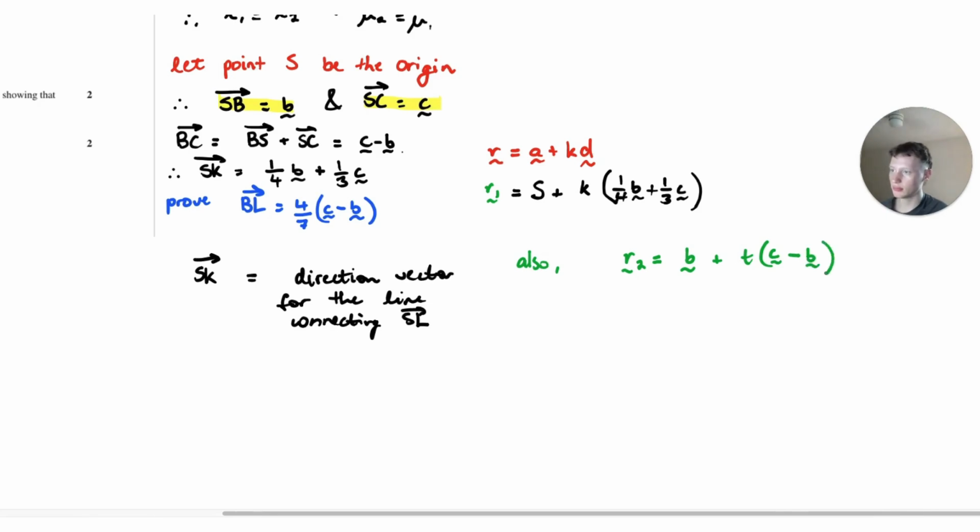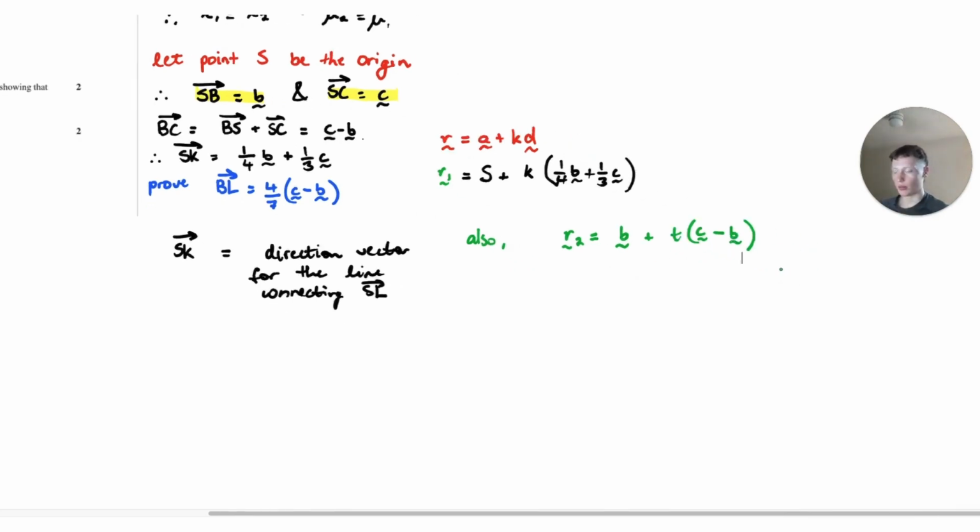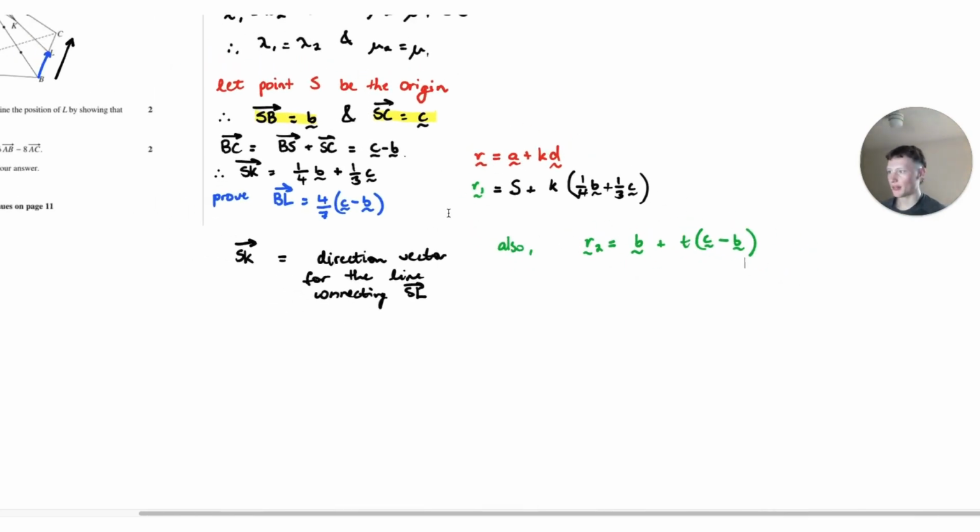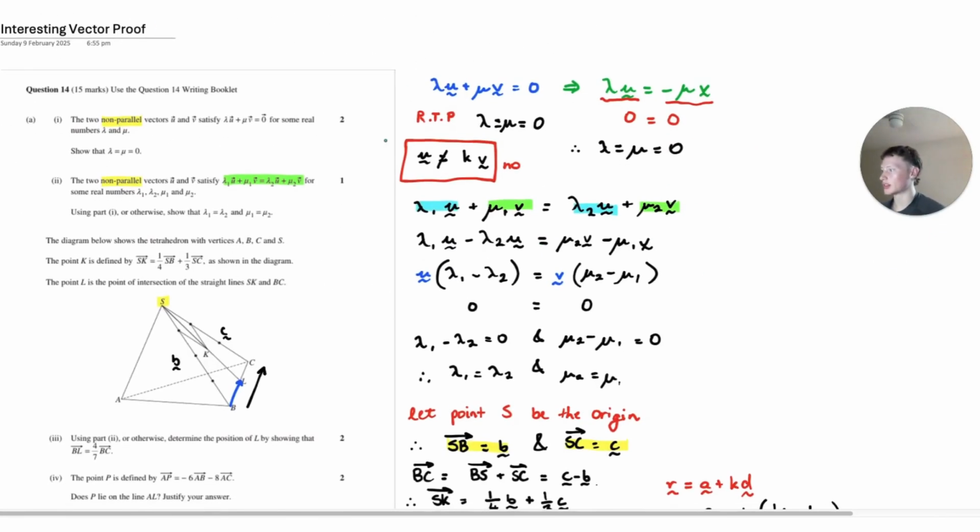Cool. And with that now, we have our two lines and we know that they intersect. So L is the point of intersection.